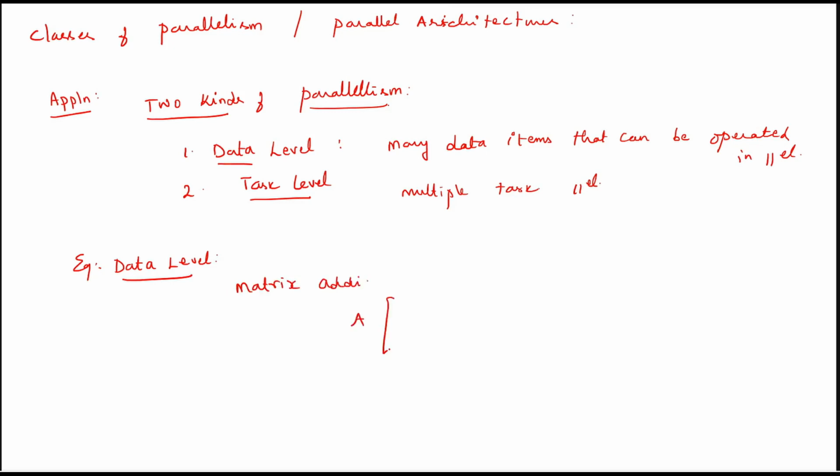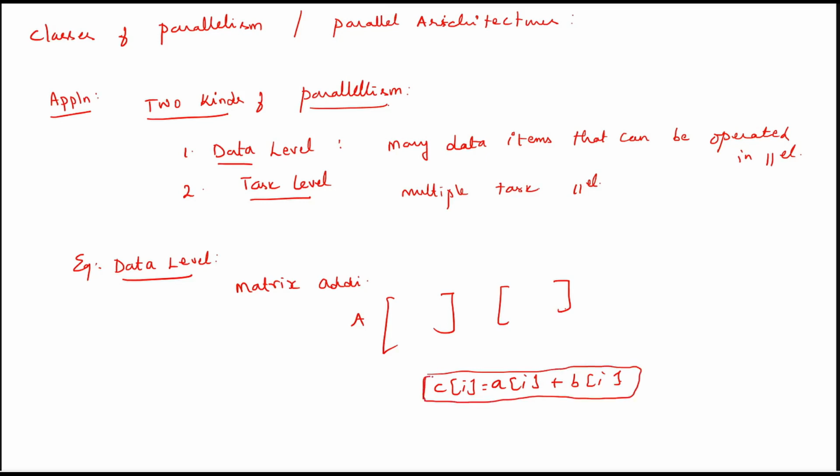We have a loop with an instruction like A5 plus B5, added to C5. Do you agree this is a single instruction? But what is it going to do?